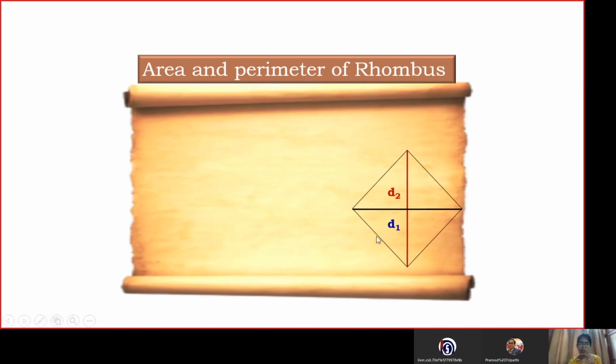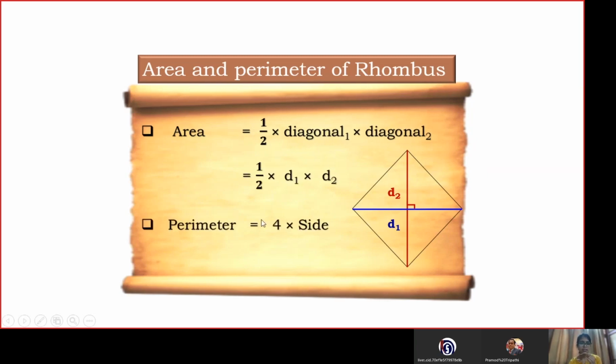They have denoted the two diagonals as D1 and D2. We also know that these diagonals bisect each other at 90 degrees. The area of a rhombus is given by the formula half into diagonal 1 into diagonal 2. Perimeter is given by the formula 4 multiplied by the side.